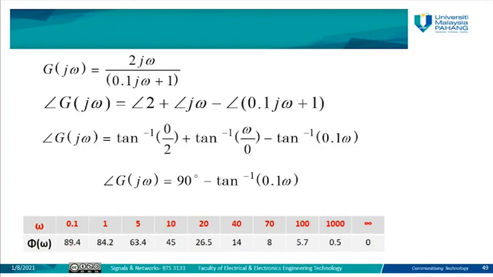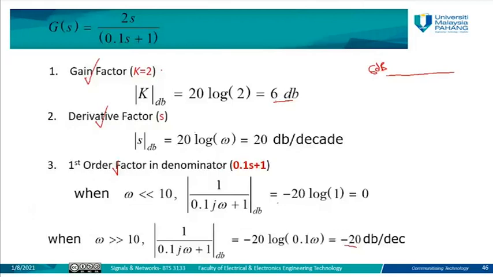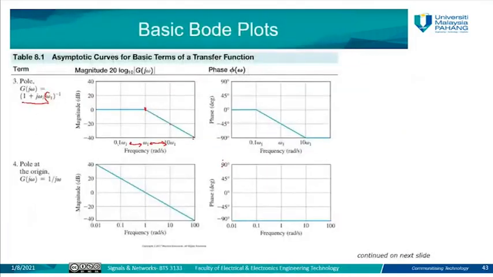At 0.1 it will be 90. If you substitute for this one, it will be 90. Then at 1 it will be like 84. Then at infinity it will be 0. Why will it be 0 at infinity? Because if the angle is 90, its tan inverse will be 0. As you can see from this graph previously, this is the angle for this one.